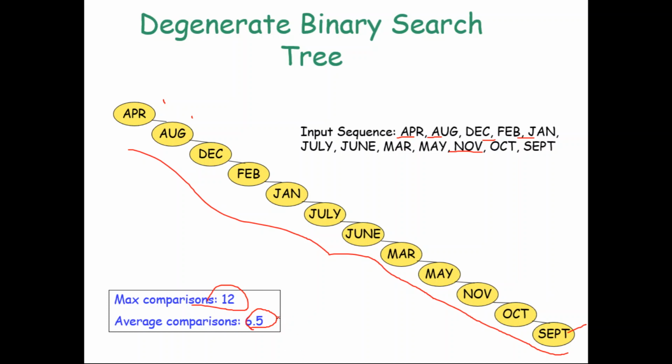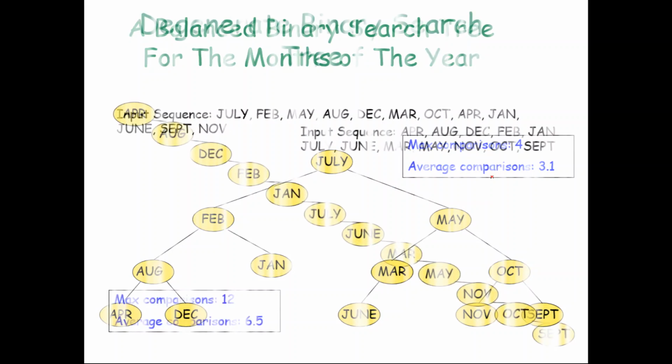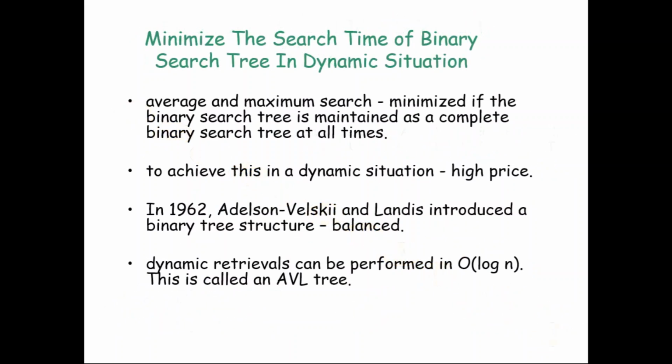So the point is, which we already know, if the binary search tree is balanced, then the maximum comparisons and the average comparisons can be reduced. That is why we are interested in AVL trees, because AVL trees are self-balancing trees.